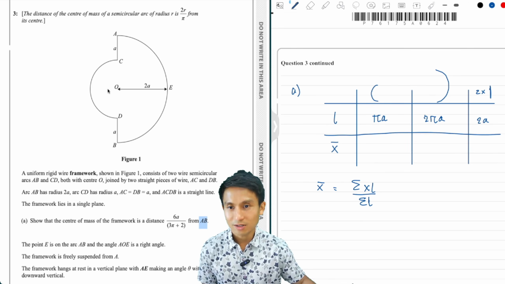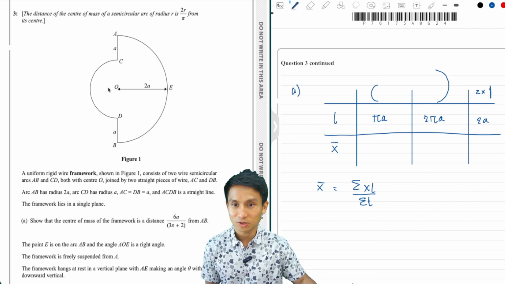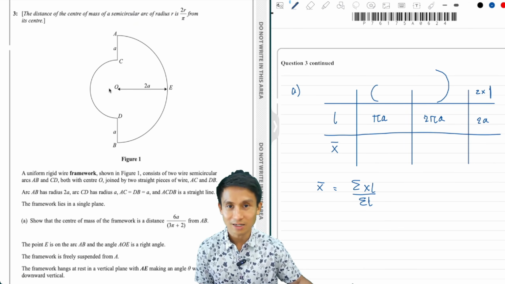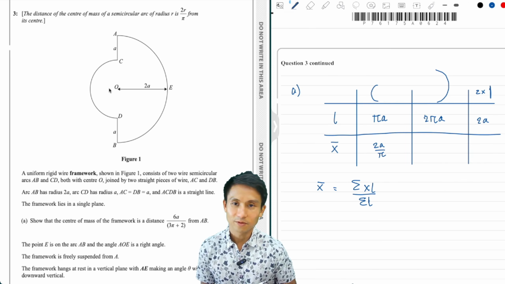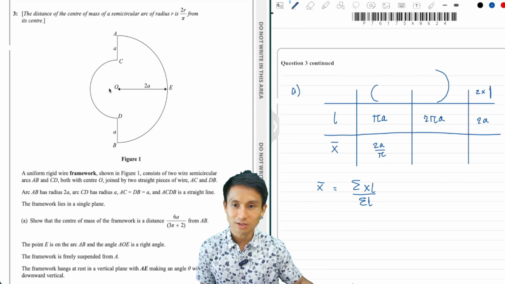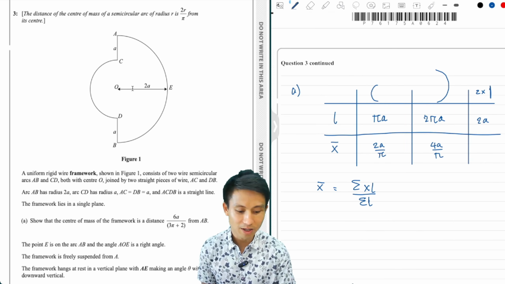Now the x bar of the smaller semicircular, well, we're given here that the center of mass of a semicircular arc of a radius r is 2r over pi from the center, so it's around here for the left one. Yeah, but it's exactly 2r over pi, so it's 2a over pi for the smaller one, and the longer one is 2 times 2a, which is 4a over pi.